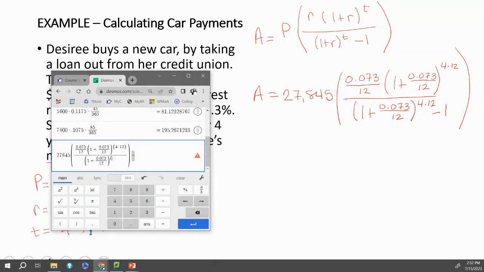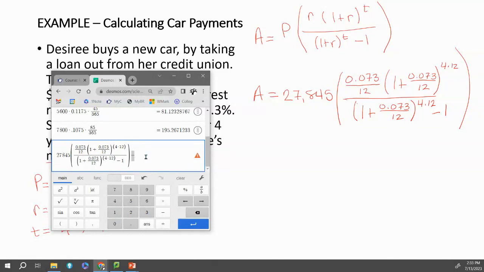Exponent, I'm going to put a parenthesis there because we know they don't like it if it's not. So there's my 4 times 12 for my time is 4 years. I'm going to get out of the exponent by pressing the right arrow. Then we need -1.